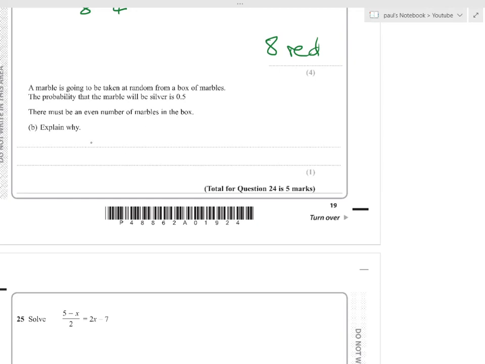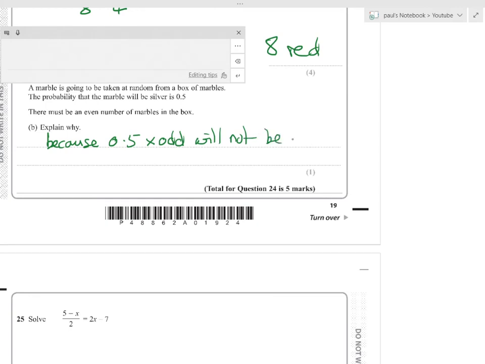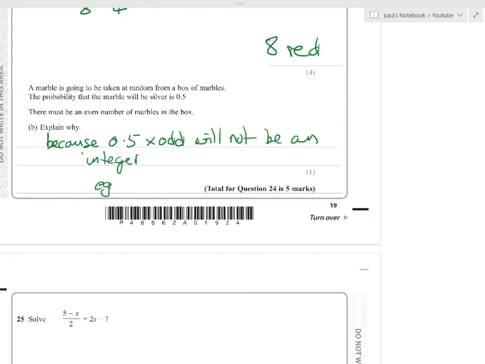This is why: 0.5 times an odd number will not be an integer. For example, if there were 15 in the box and you multiply that by 0.5, you get 7.5 marbles.